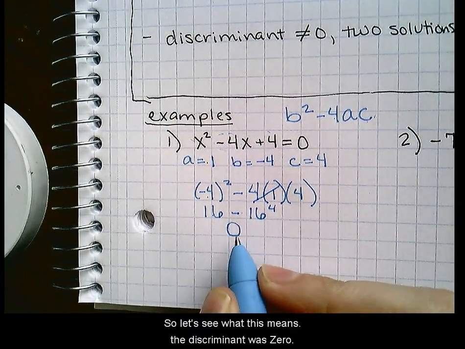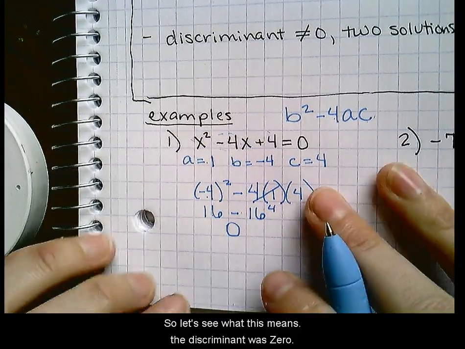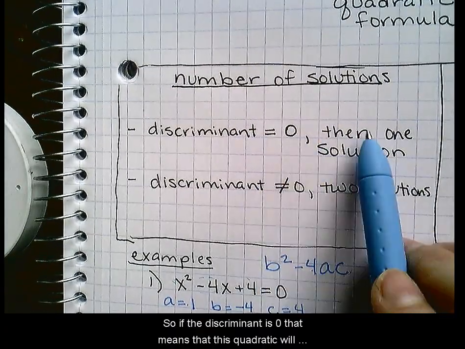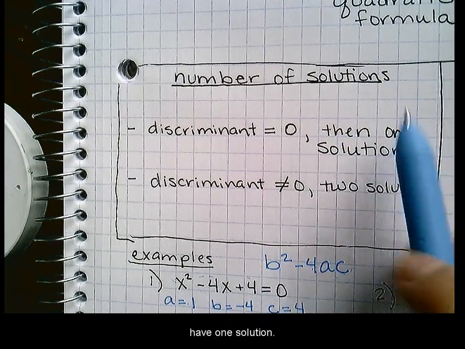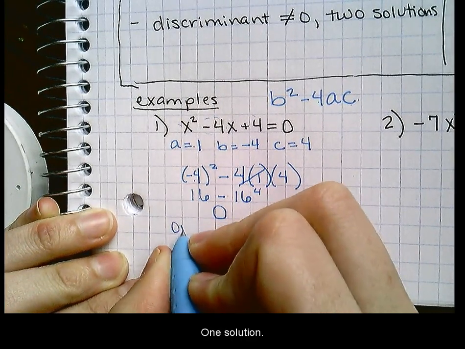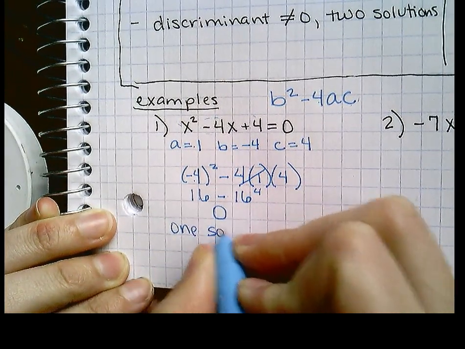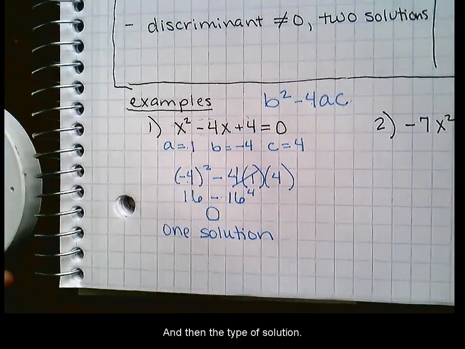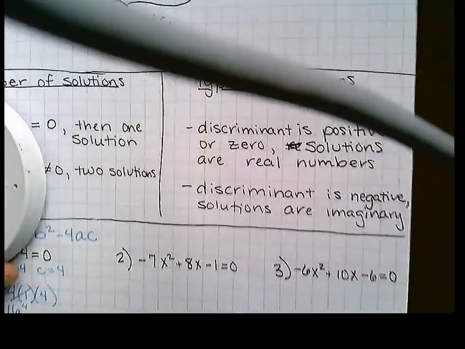So let's see what this means. The discriminant was 0. So if the discriminant is 0, that means that this quadratic will have one solution. So it's one solution. And then the type of solution, let's see.